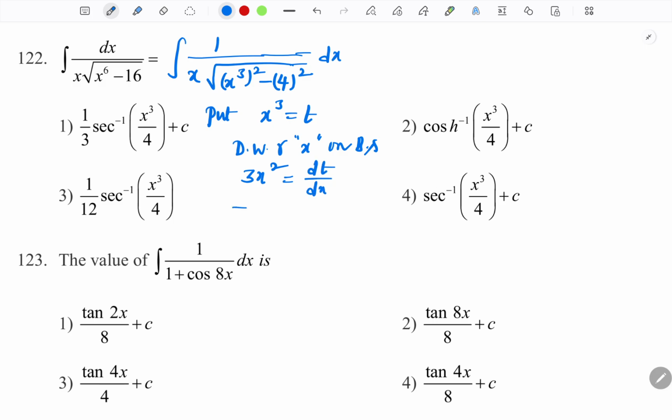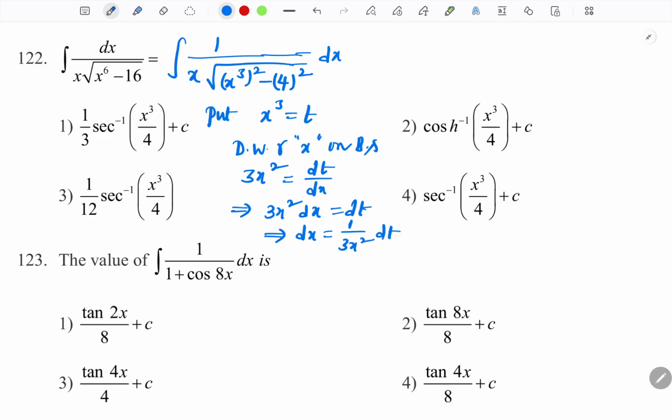If we cross multiply, 3x square dx equals dt. Observe, students, I want only dx here, right? So if you send that across, then you will get the dx value from this one, dx equal to 1 by 3x square dt.